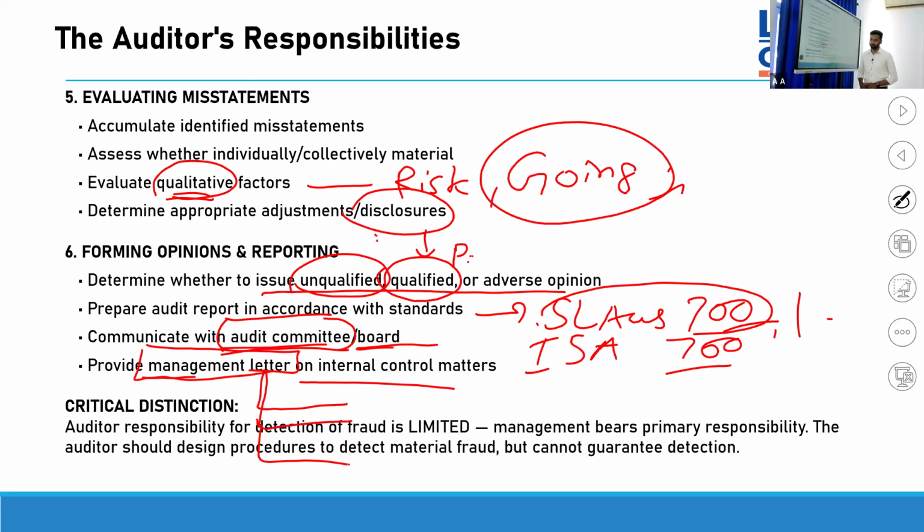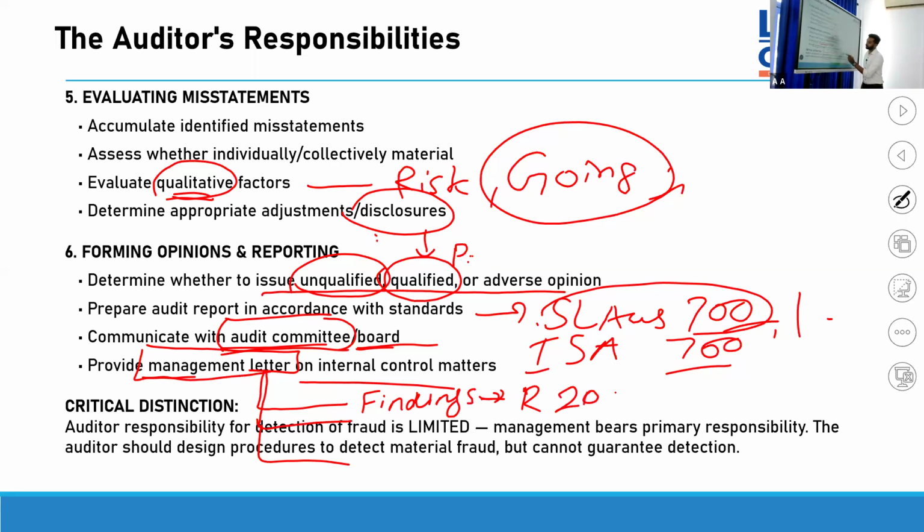In the management letter, normally we include the findings. If we found it's obvious, if any material misstatement is there, we must include those things. What are the findings? Let's go for that example that we discussed earlier. Revenue has been understated by 2 million.